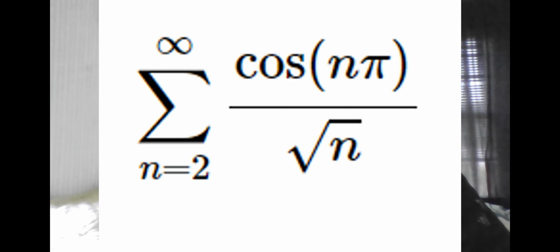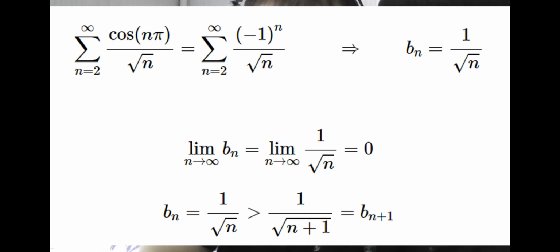We get this in the alternating series form by seeing that b_n must equal 1 over square root of n. We take the limit of b_n as n approaches infinity, which is 0, and seeing that each term in the sum of b_n is less than the previous term because the denominator is greater, it follows we have definite evidence that the series is convergent.